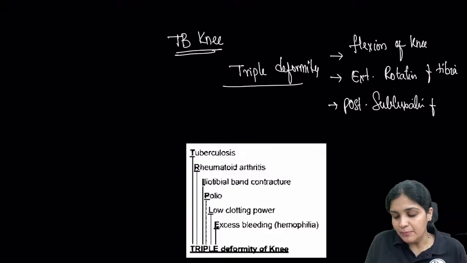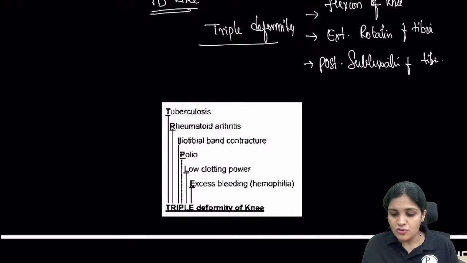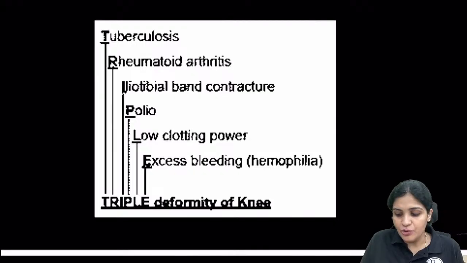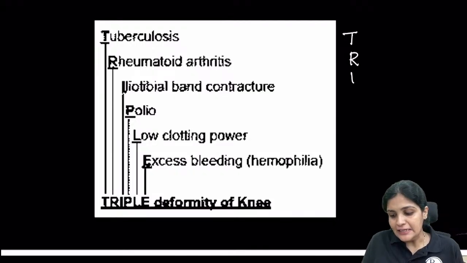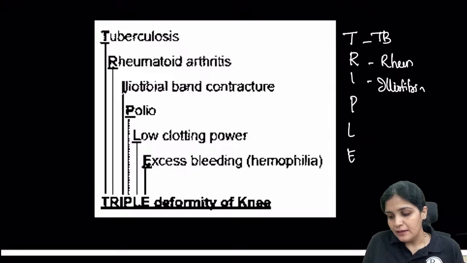These are the 3 important deformities in triple deformity, and this is not only seen in tuberculosis. It is seen in other conditions: TB, rheumatoid, iliotibial band contracture, then polio, and finally hemophilia.